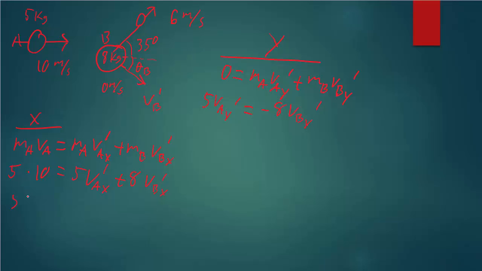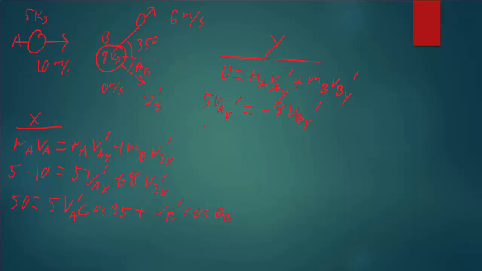So I'm going to have 50 equals 5, and this is going to be VA prime, no longer with the x component, the total VA prime. And this was the x component, so it's going to be the cosine of 35 plus VB times the cosine of theta b, our unknown angle.